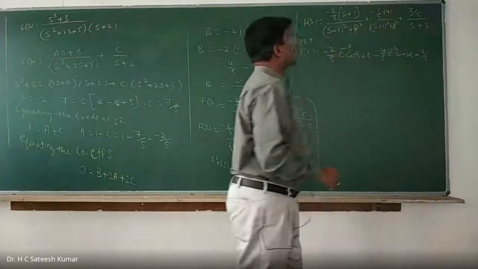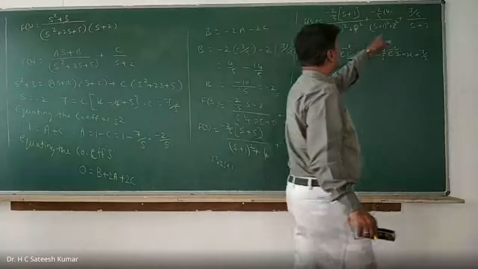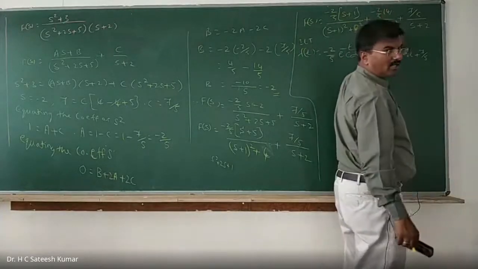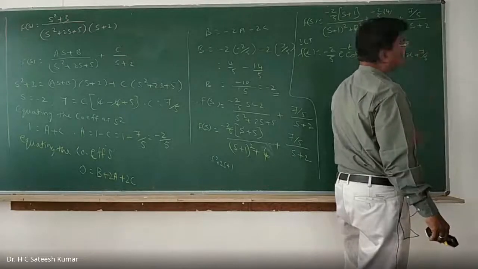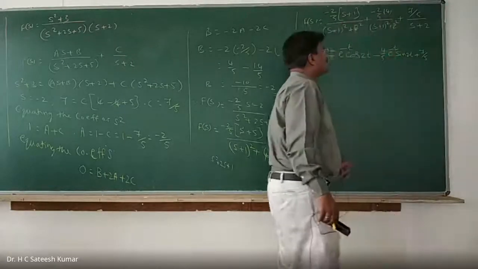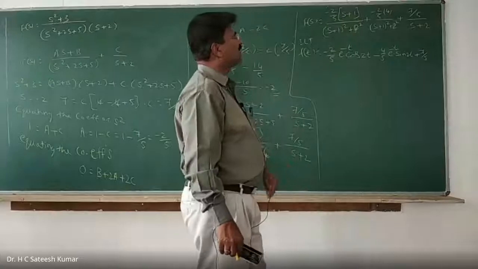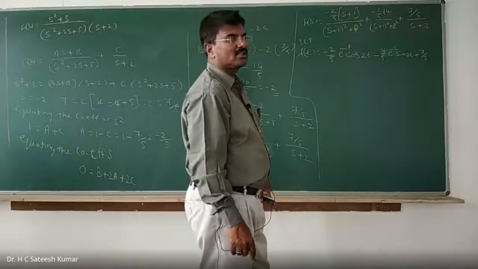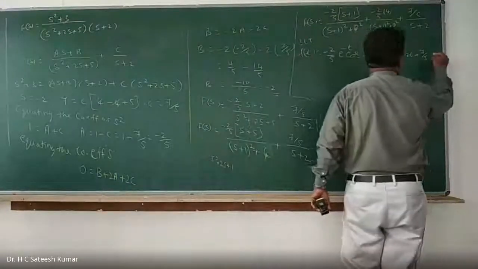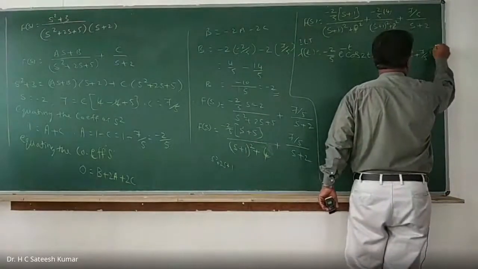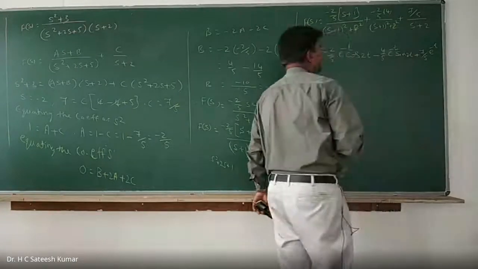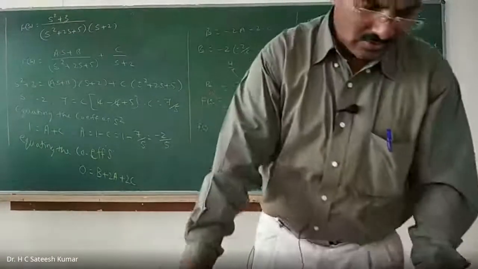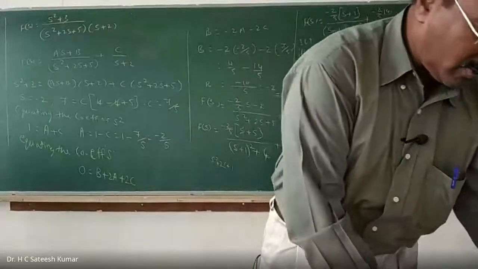We have taken out minus 4 by 5, so that 2 will be left out, but 2 is your omega. Plus 7 by 5 into 1 over s plus a, that is nothing but e to the power of minus t. So into u of t we can write it, only for positive values. So that is the answer for your problem.